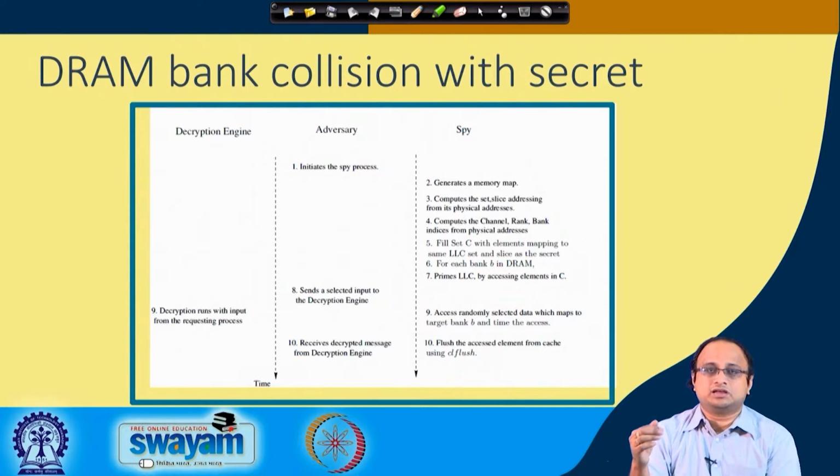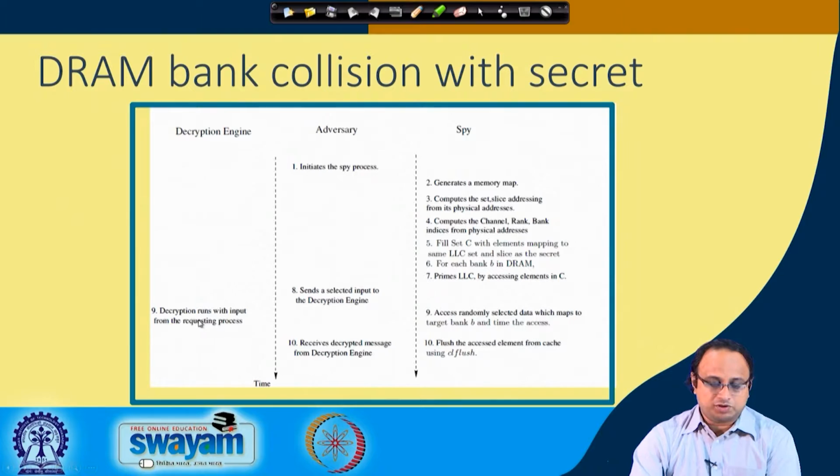Then the adversary sends or triggers the decryption, and note that since you already understood the eviction set previously, when the secret exponent runs, since you are accessing the same eviction set or the same footprint of the cache memory, you are trying to ensure that this access is not obtained from the cache, but is done from the actual DRAM.